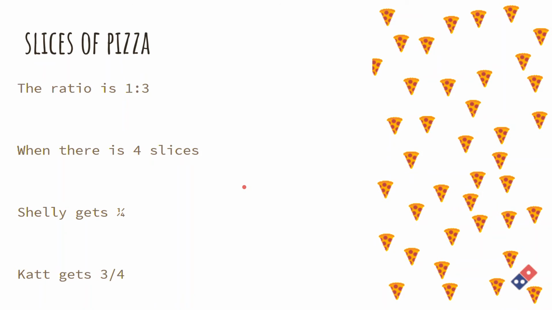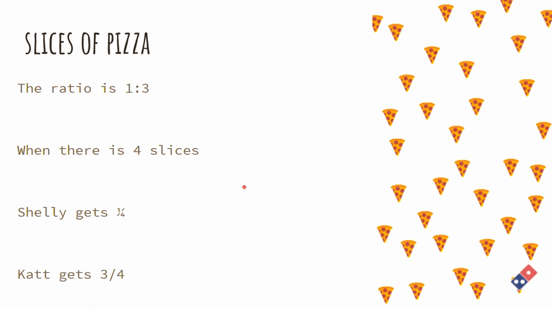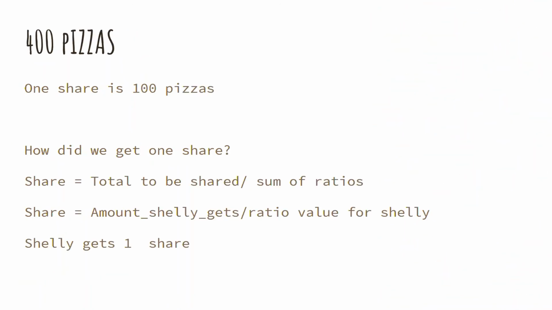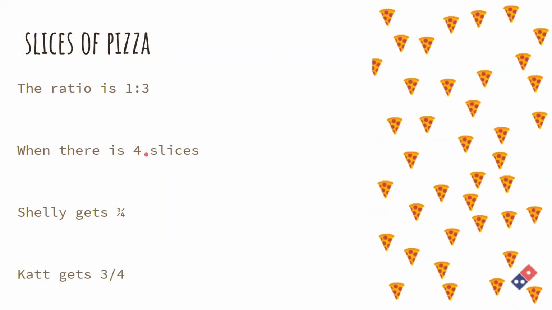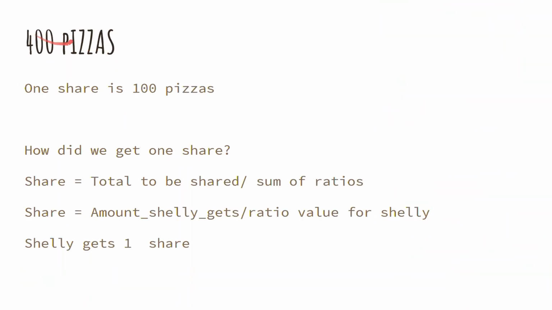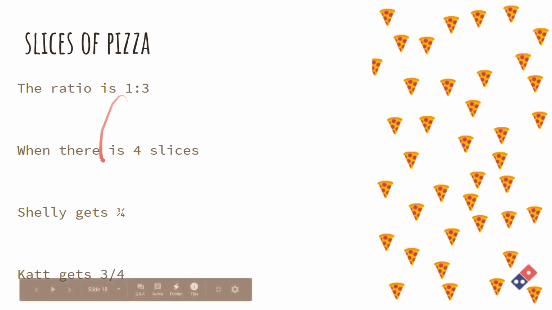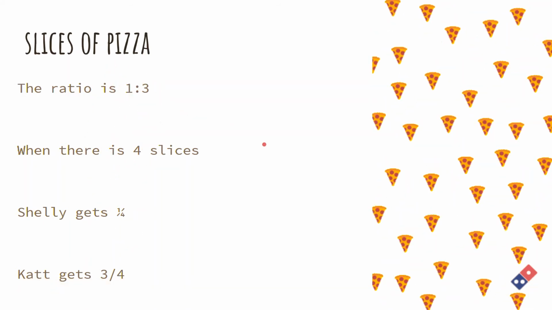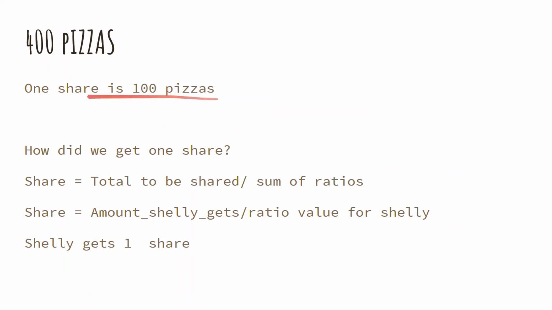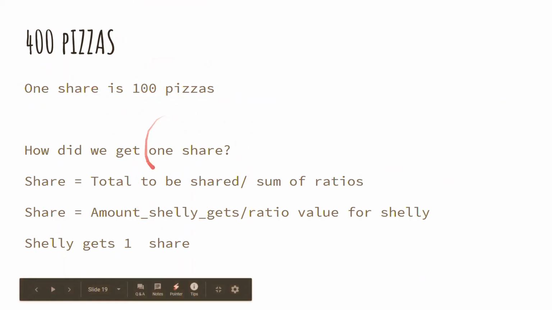What happens if we increase the number of pizzas that they order? Say they order 400 pizza slices to keep it constant. Out of the 400, for every one that Shelly gets, Kat gets 3. So in this case, you want to find what 1 share of a pizza is.